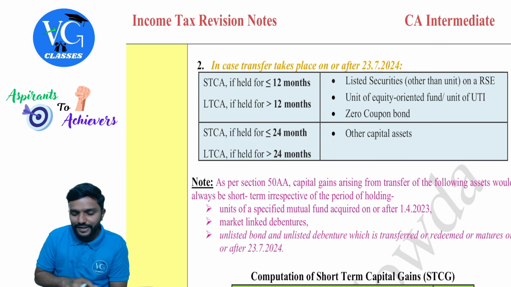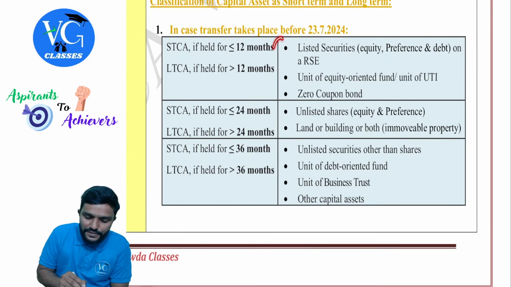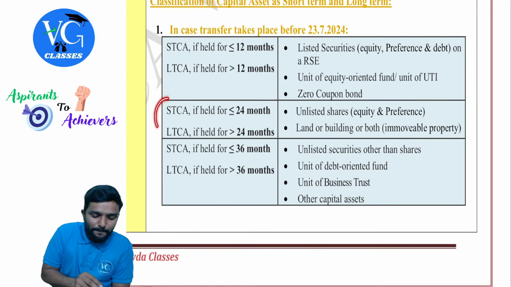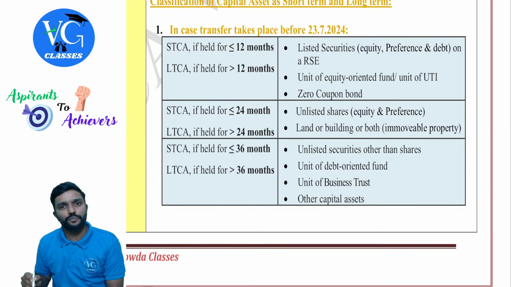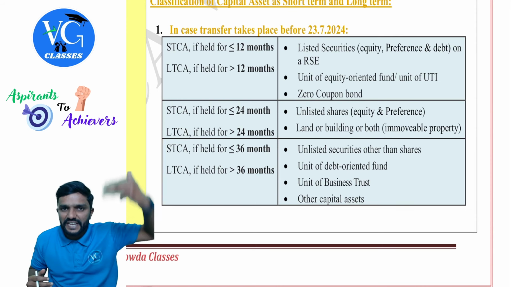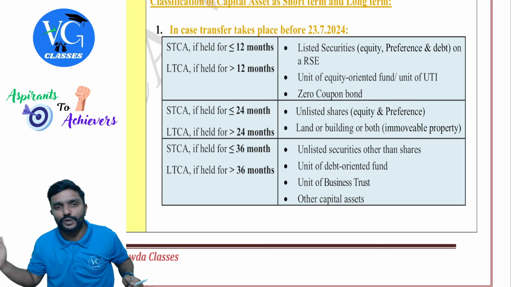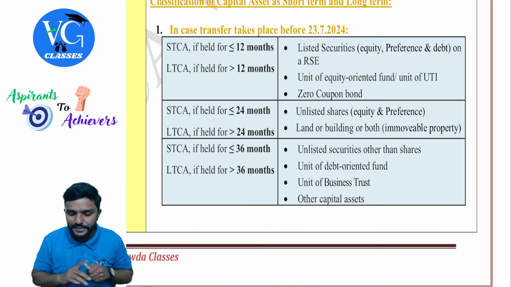In simple terms, guys, if I go back, whatever is here remains the same, whereas these two are combined together and made 24 months now. So if the transfer happened before 23rd July, there are three criteria, whereas if the transfer happened on or after 23rd July, then there are only two criteria, guys.